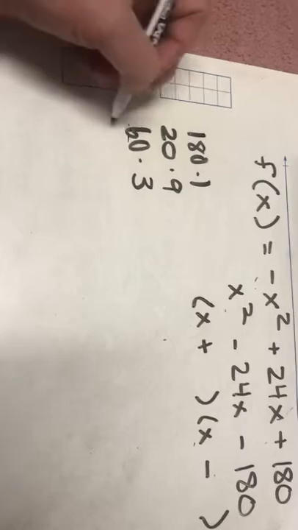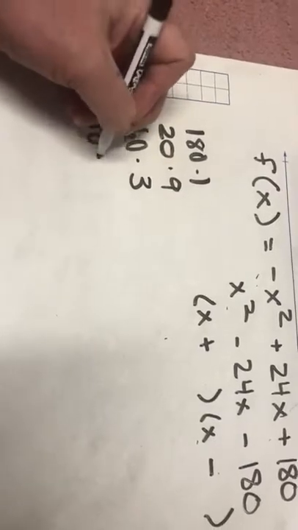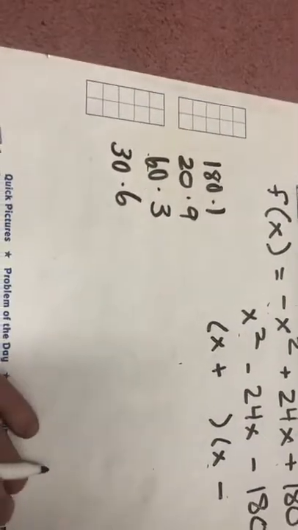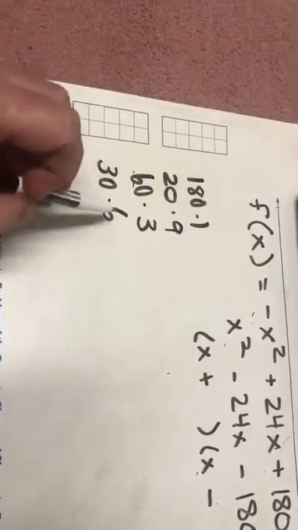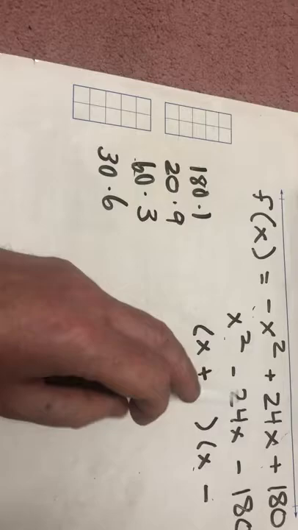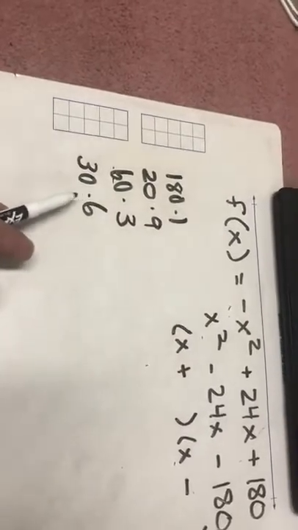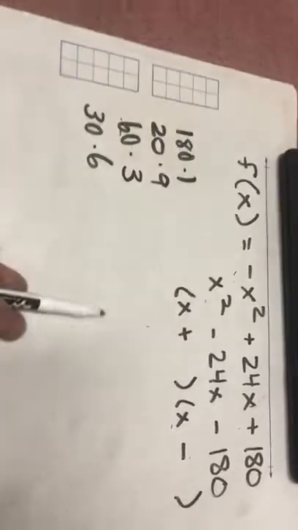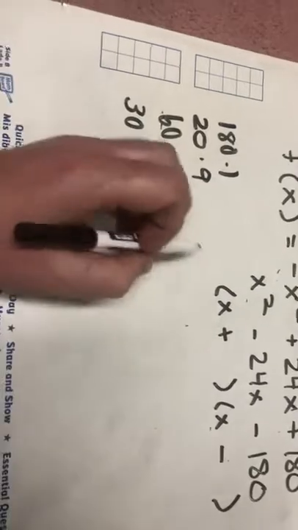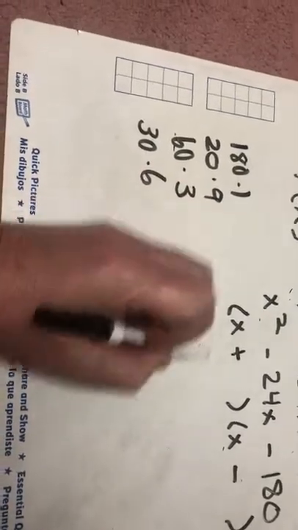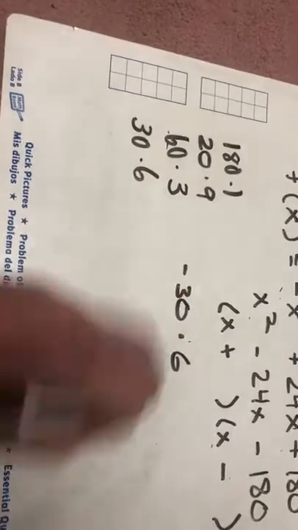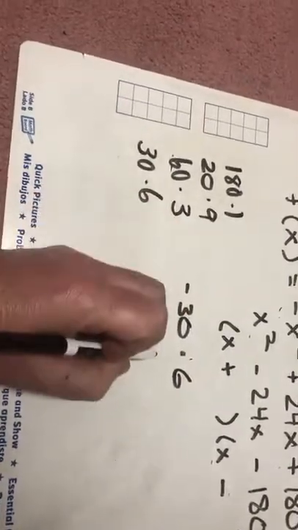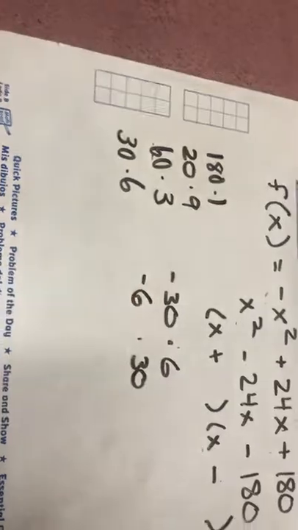But if I can do 60 times 3, common reasoning should tell me then that I can do 30 times 6 as well. And I see that if I do 30 minus 6, I get 24. So it seems like these are the two numbers that I want, 30 and 6. The thing now that I have to figure out is, do I want negative 30 multiplied by a positive 6? Or do I want a negative 6 multiplied by a positive 30?